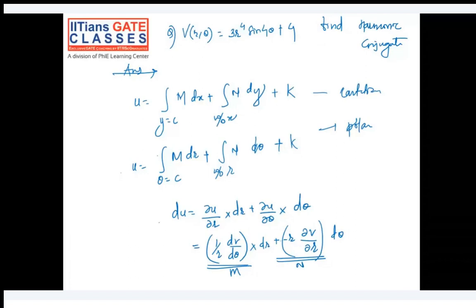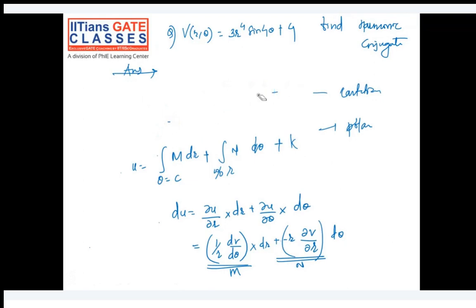I'll rub this part here because we are not using this formula, and we'll use this space to calculate m and n. To calculate m, we need dv by d theta.